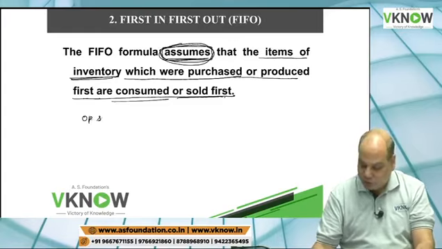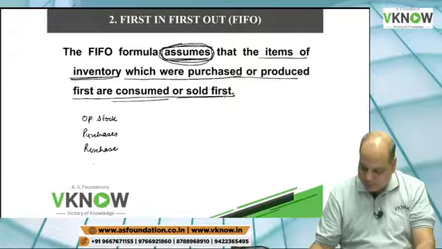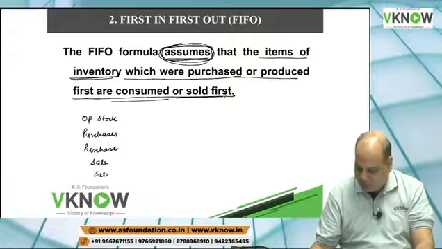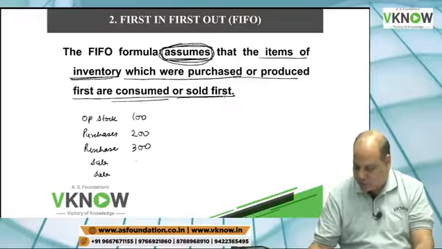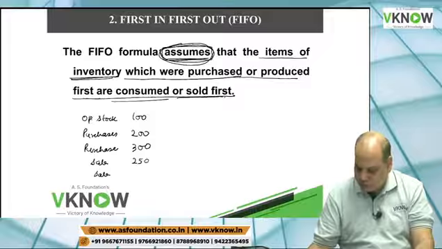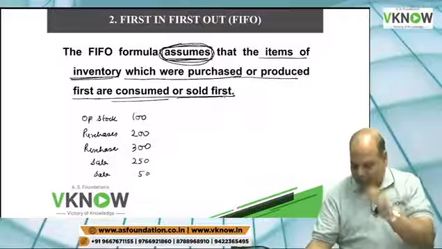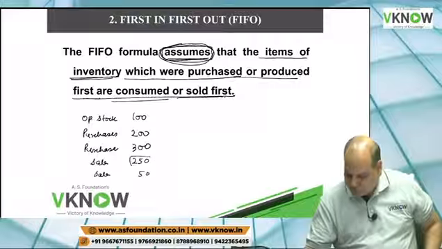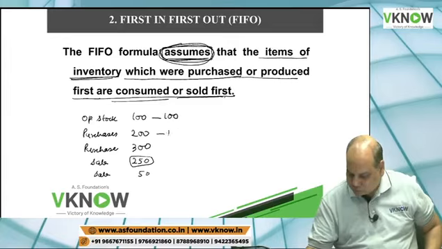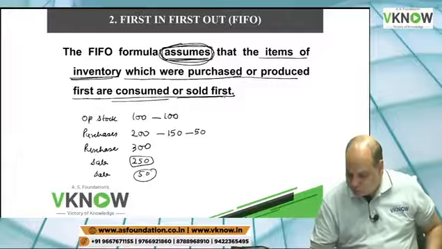So if you have opening stock, purchase, purchase, sale, sale, let us say opening 100, purchased 200, then purchased 300, sold 250, sold 50. So how will they go out? First, this 250, you deduct 100 from here and 150 from here. Then this 50 will be deducted from this lot.